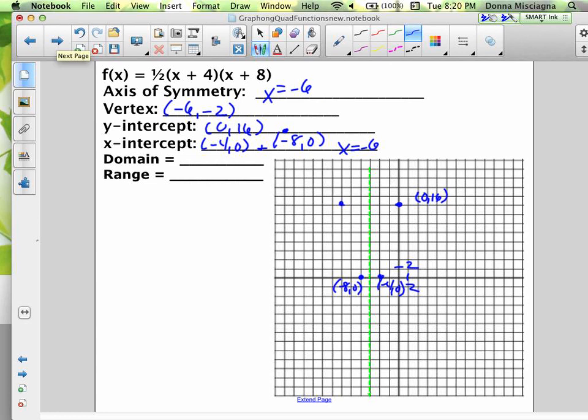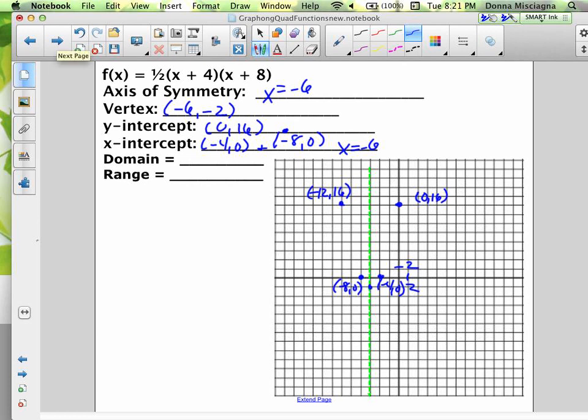And this is going to be the point, so I have to add 12, 12, 16. If I'm 6 boxes to the left, and each box is 2, then I'm 12 boxes to the left. So (-12, 16). And there we go. Now let's connect our points. Oh, let's graph our vertex.